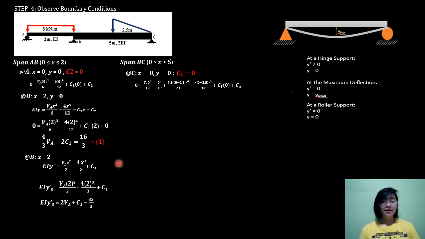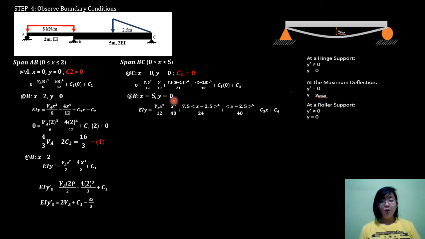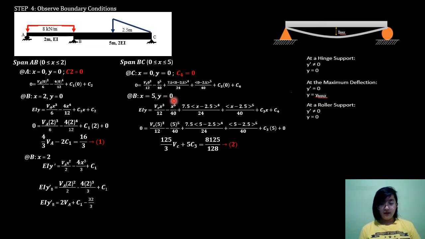So, what else? At B, we can say x is equal to 5 and y is equal to 0 because at the hinge support, y is equal to 0. Let's substitute from the deflection equation again. We will get this one, the second equation.